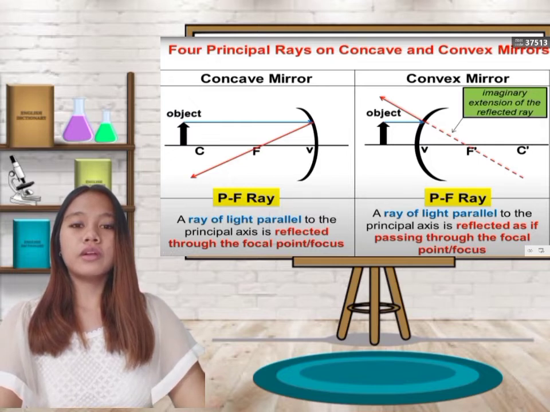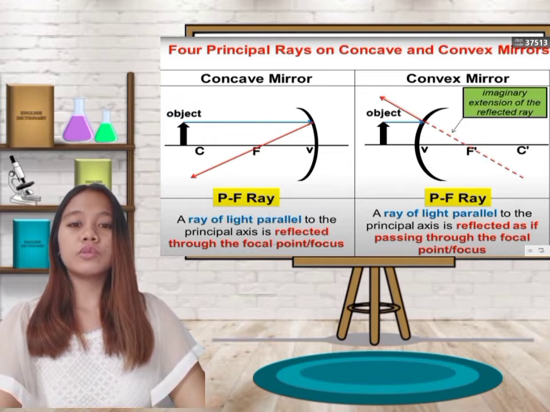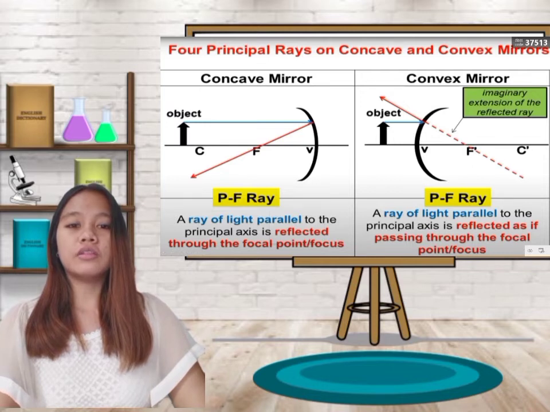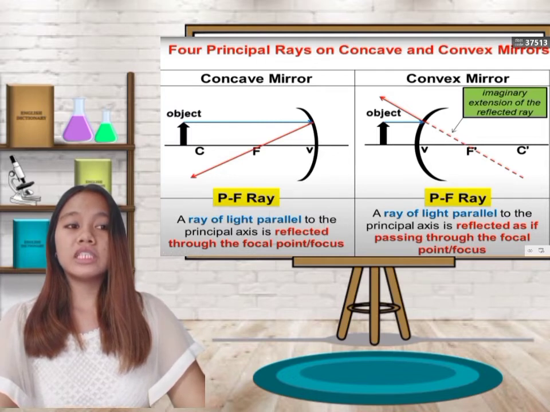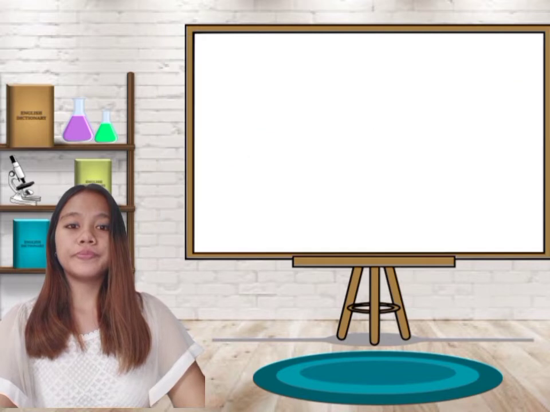In concave mirror, a ray of light parallel to the principal axis is reflected through the focal point or focus. On a convex mirror, a ray of light parallel to the principal axis is reflected as if passing through the focal point or focus. As you can see in the picture, there is an imaginary extension of the reflected ray that points through the focus.